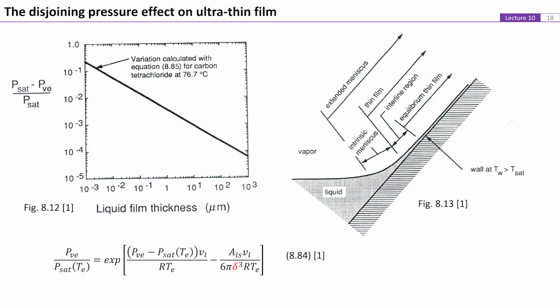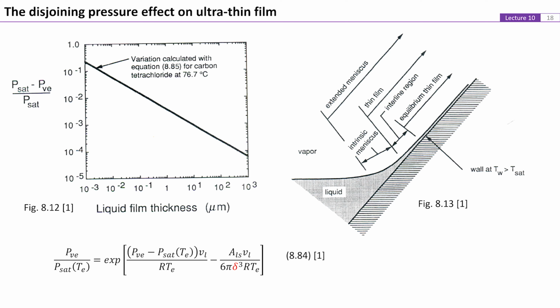It can be seen that the disjoining pressure effect decreases rapidly with increasing the film thickness, which can also be seen from inspecting equation 84. The significance of this disjoining pressure effect on thin film evaporation and condensation can be illustrated with Figure 13.